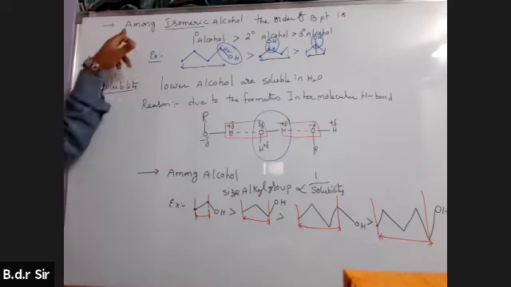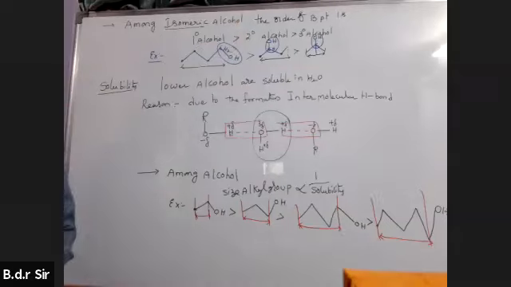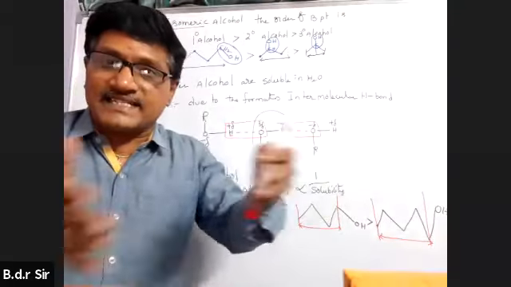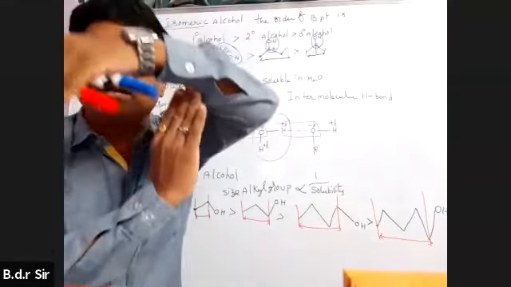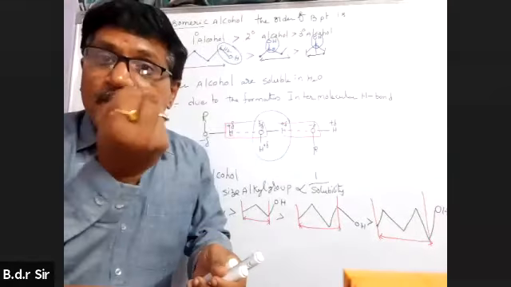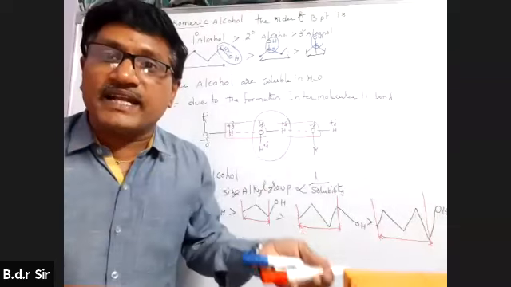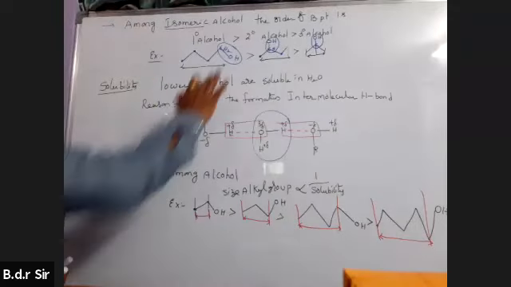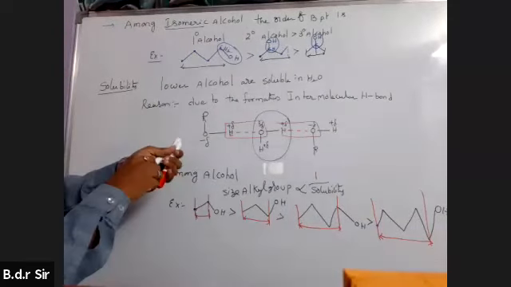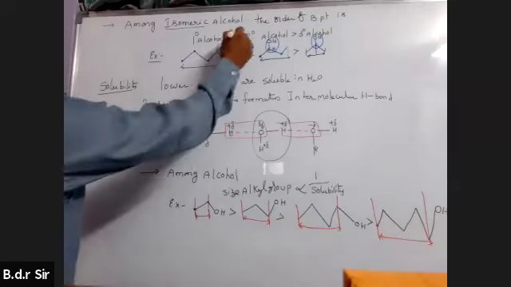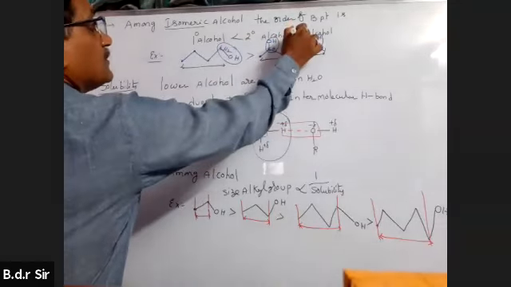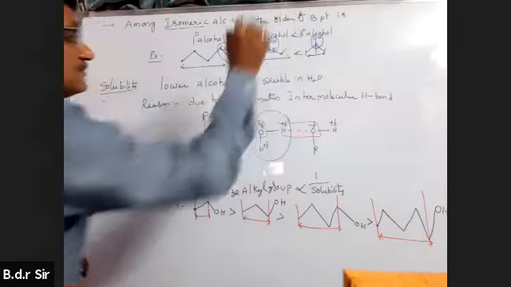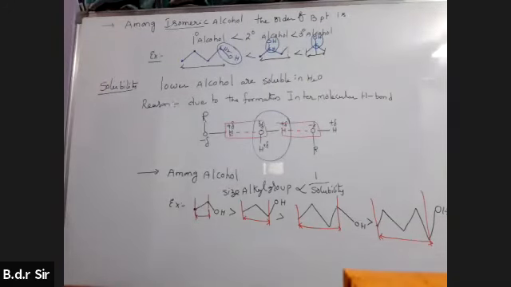The third one, among the isomeric alcohols, as the number of branches increases, like this model, the size of the hydrophobic part decreases. So automatically solubility increases. So the solubility order, same structures, order. Okay, note down fast.